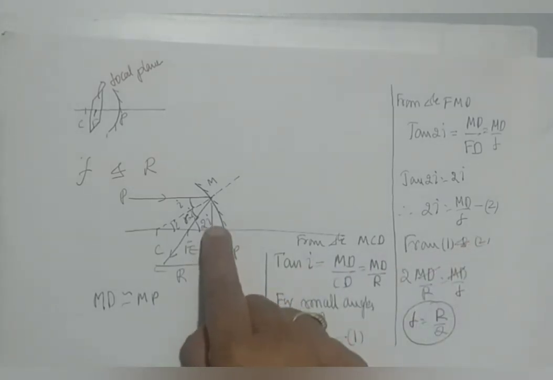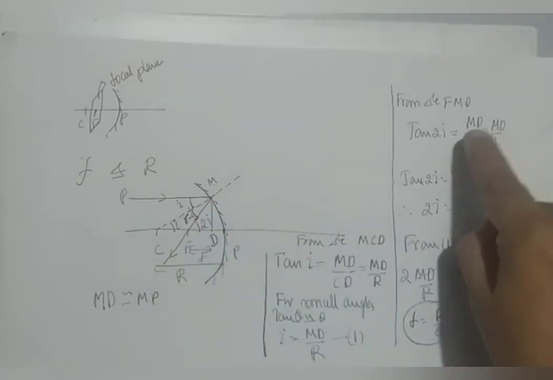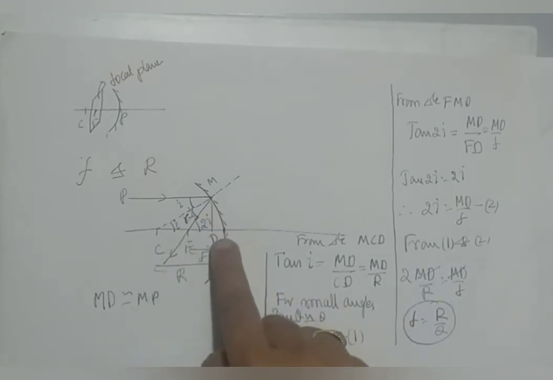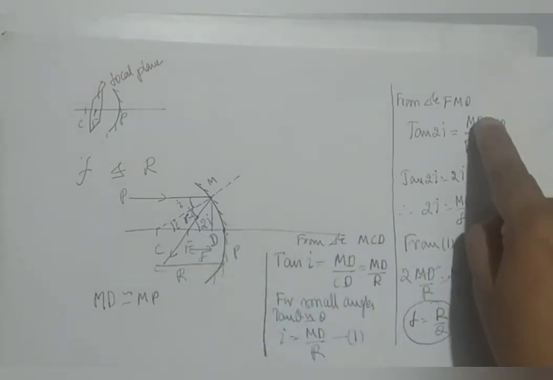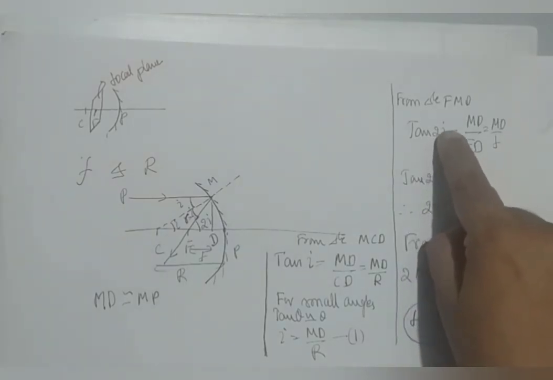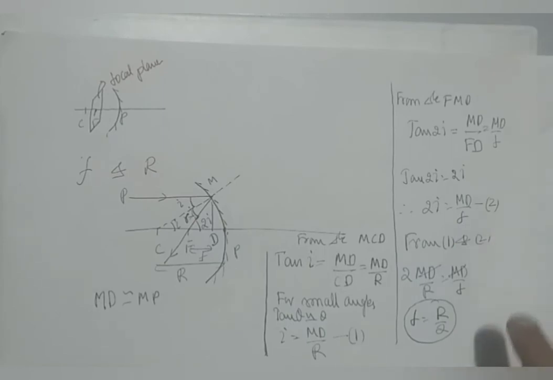So that will tell me you have to take the triangle with angle 2I. Therefore, from triangle FMD, tan 2I is opposite MD divided by adjacent FD. But FD is nothing but F. MD by F I write. But for small angles again, tan 2I is 2I. So 2I equals MD by F. I call this as equation 2.